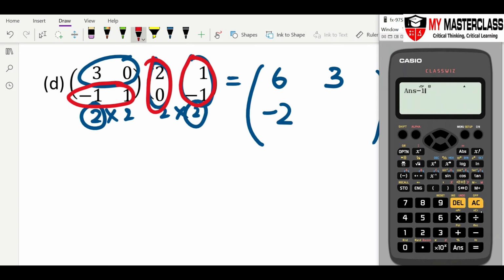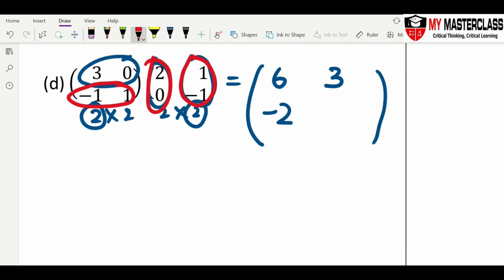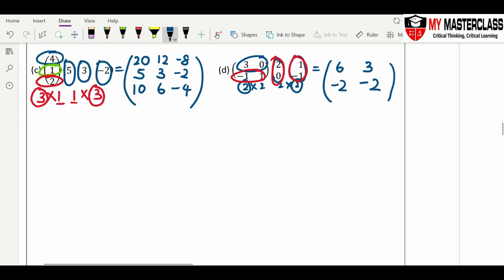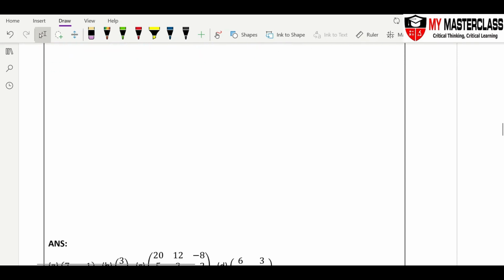Negative 1 multiplied by 1 plus 1 times negative 1, and that will give you negative 2. This would be your most common question in matrix multiplication.